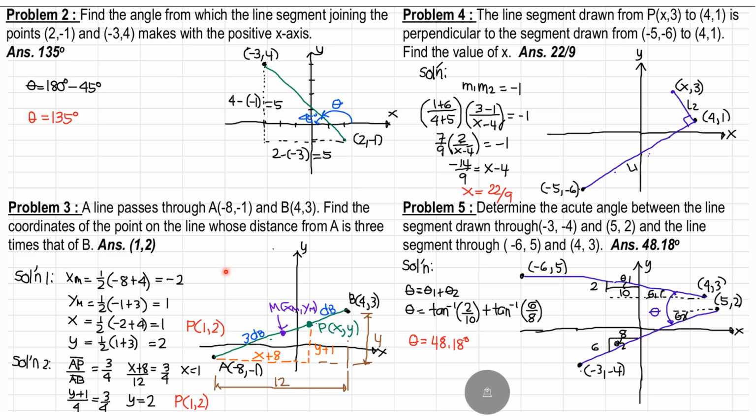Problem 3, a line passes through point A at negative 8 comma negative 1 and B at 4 comma 3.